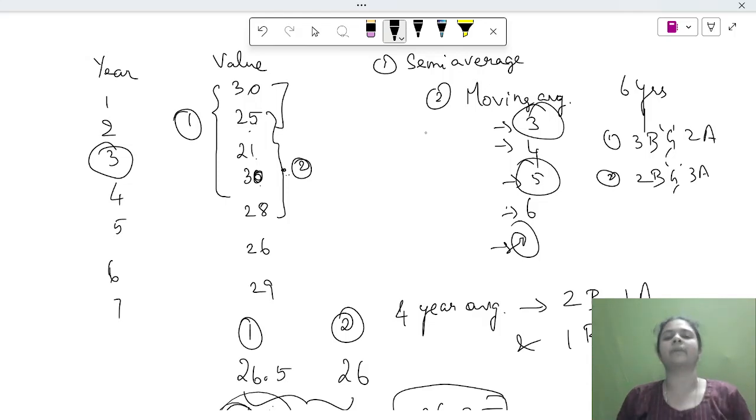No, ma'am. Okay. So with this we have completed up to the index number and time series chapter. So in statistics we have completed modules 4, 5 and 8. And we will be continuing with the rest of the modules in the next class. Till now in statistics, modules 4 and 5 together are about 20 marks, and the questions in the chapter are about 6 to 10 marks.